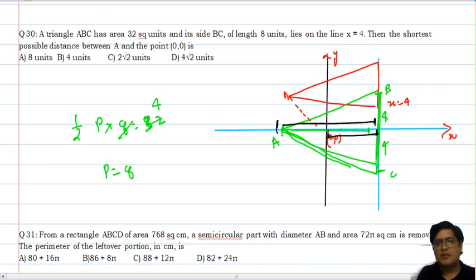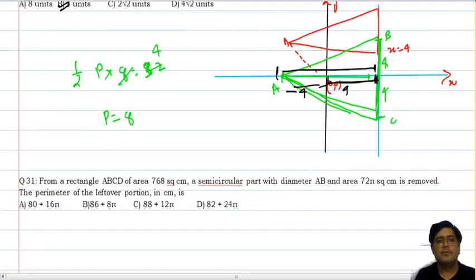This distance is 4. That is what coordinates tell us. X is equal to 4 was the length here. So this is 4, this will be 4. So shortest distance between A and O is 4 units. I hope this makes sense. I tried to make the structure symmetric to minimize the distance of A from O.